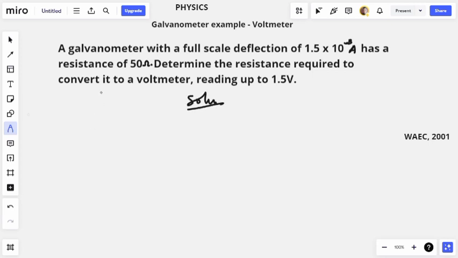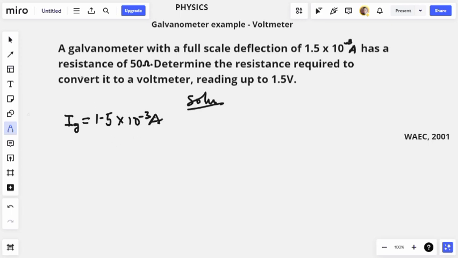Now we have to write out our parameters first. The first parameter here is a full-scale deflection of that amps. That is galvanometer current. That's the current that will make it go full scale deflection. It is 1.5 times 10 raised to the power of minus 3 amps.